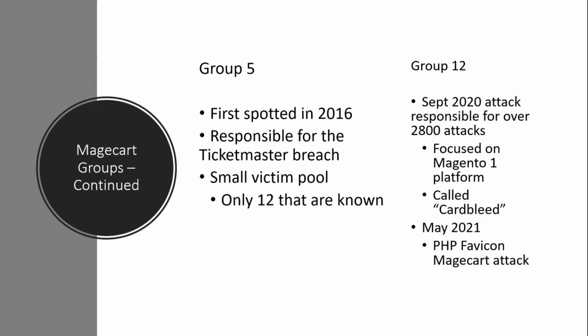Final two here, Group 5 and Group 12. Another one spotted in 2016, Group 5. I only bring them up because they were responsible for the Ticketmaster breach. The Ticketmaster breach, for those that are unaware, used a bit of randomization, as I just mentioned, but also used a third-party chat service to perpetrate the attack, to get the visitor to enter information inside of that third-party chat service, and then Group 5 exfiltrated that data out.